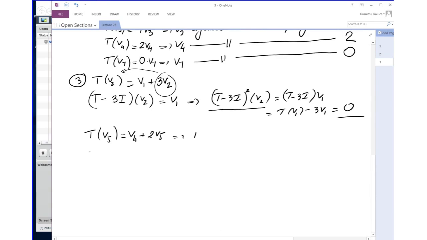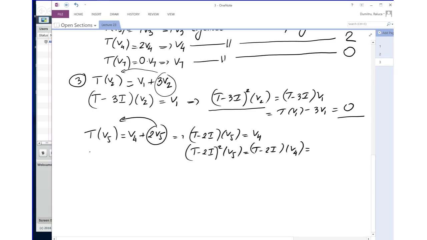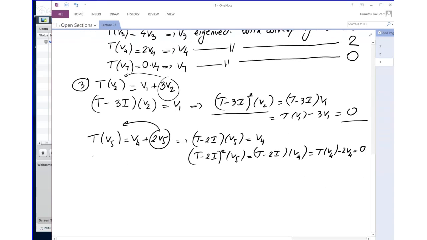So T minus 2 identity, if you move this to the other side, (T minus 2 identity) of V5 equals V4. And then I apply it one more time. T of V4 equals 2V4. So I get 0 again by 2 applications, right? As the one above.